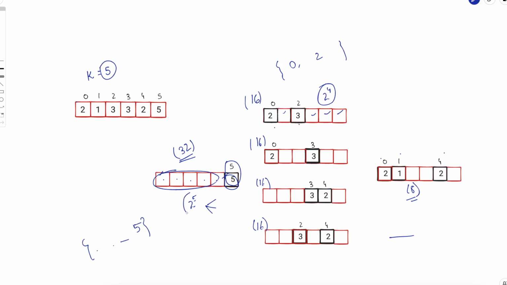See, you are adding different values based on the length of the subsequence, right? So instead of knowing how many subsequences are there which can sum up to 5, you now need to know how many subsequences are there which can sum up to 5 such that the subsequence length is 1.